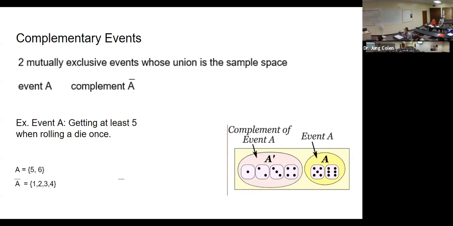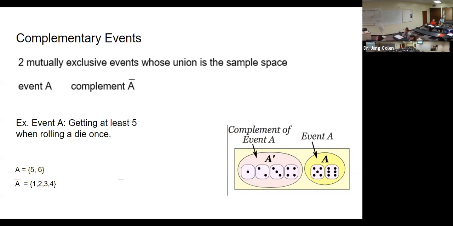So let's actually calculate the probability of A. What's the probability of getting at least 5 when rolling a die once? What's the probability of A? You can say 2 over 6, right?